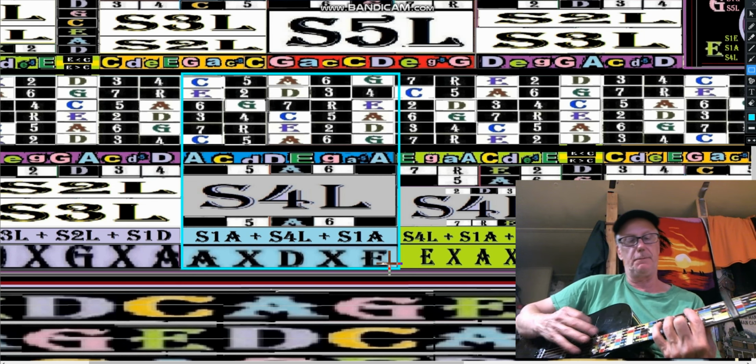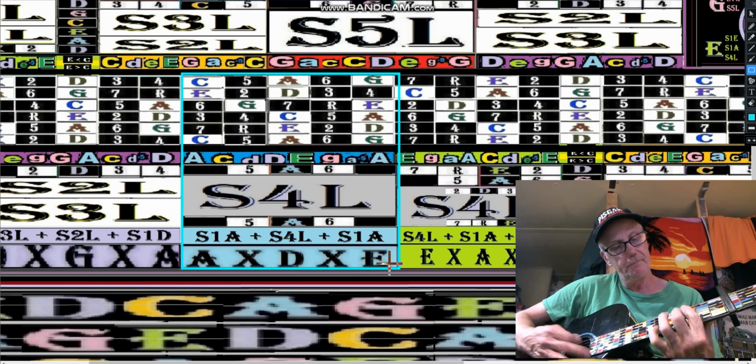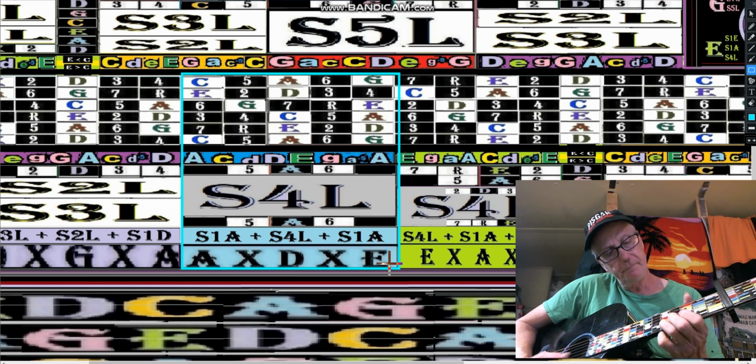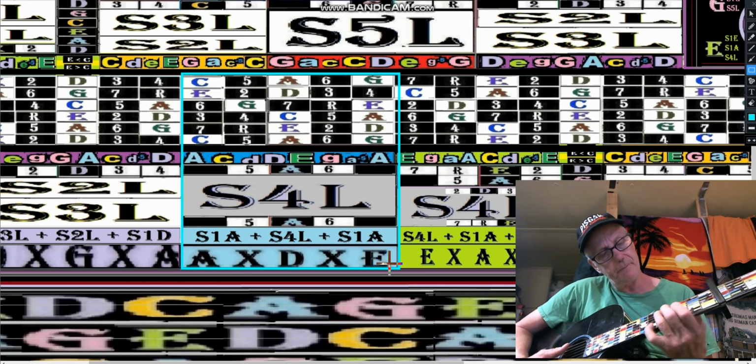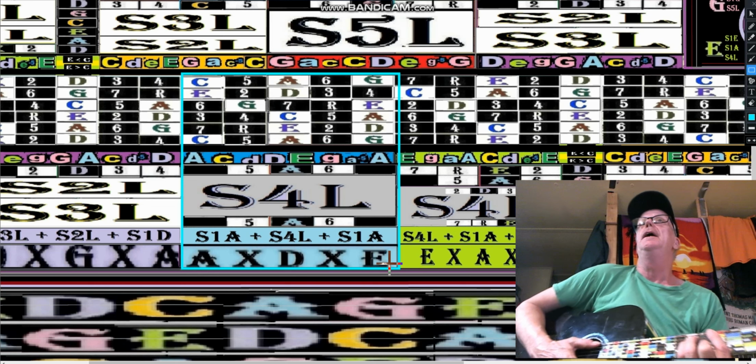Has to be E shaped. So, like that. We're not going to get this dominant until we do the diatonic.